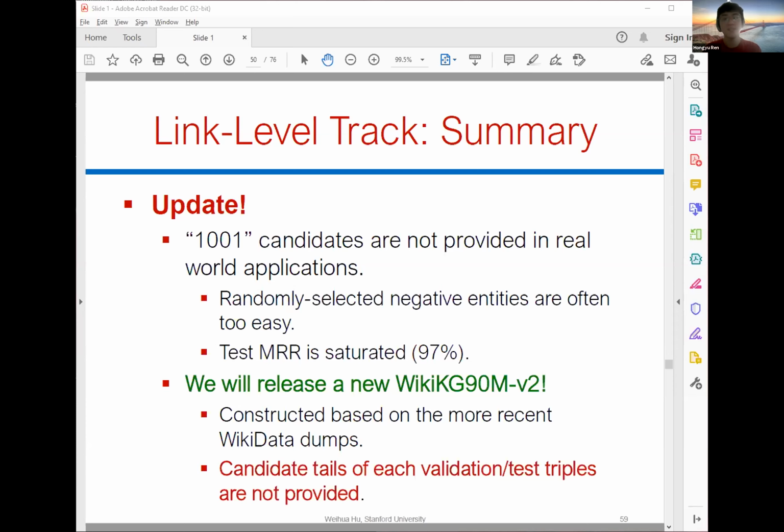Notably, for this new KG, we do not provide the candidate tails in order to make the task more realistic. So basically we give the researchers and methods full freedom. They can either locate a subset of nodes and generate candidates themselves, or the new methods can even compare the ground truths against all the nodes on the KG, if they have a scalable implementation.